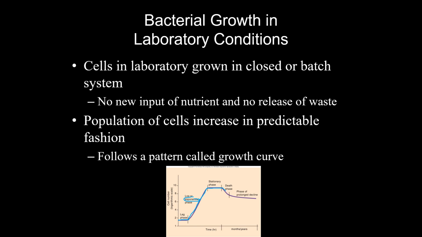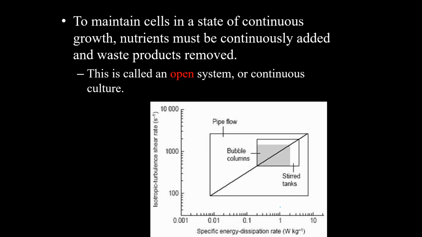After the stationary phase, you get the death phase, so the death rate increases past the birth rate. And then you get this really weird phase. What happens is it's practically impossible to kill all of the bacteria in a sample because they will start to cannibalize their neighbors. And so you get this phase of prolonged decline that I'm going to come back to here in just a second.